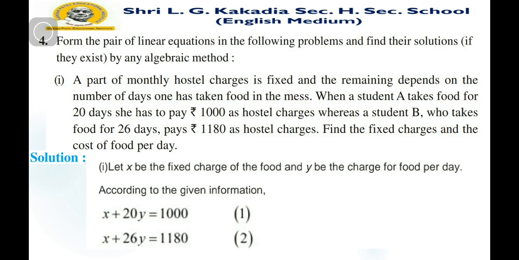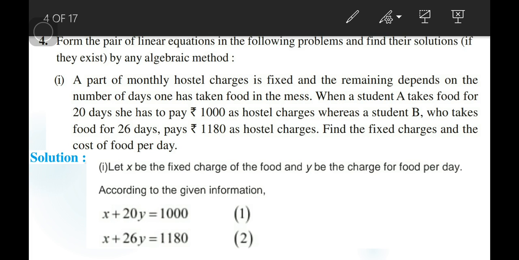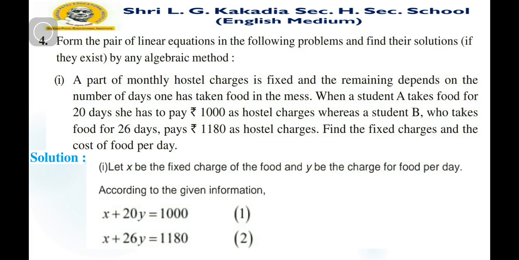According to the given information, for A, X plus 19Y is equal to 1000 and X plus 25Y is equal to 1180. Here there is a mistake, it is 25Y. So let me solve it.